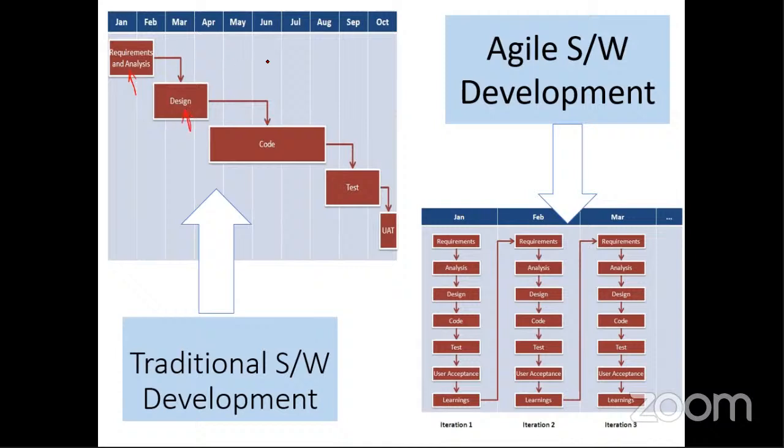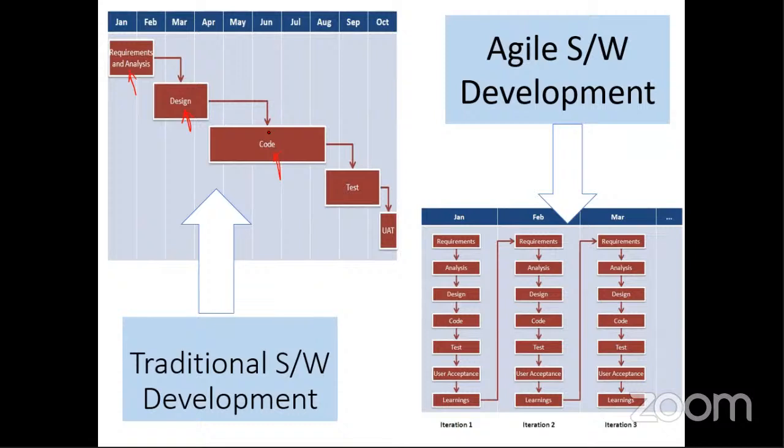In April through August, the coding phase. So by the time I get to see my product, it has been almost 12 months. I'm just working on a product and do not have anything in my hand to see how it looks. So if there are any changes, it is difficult to add or delete them.